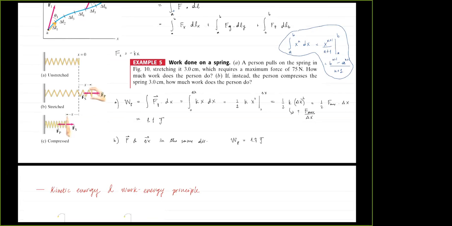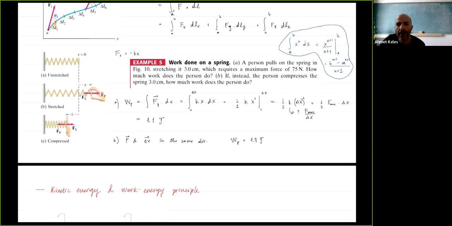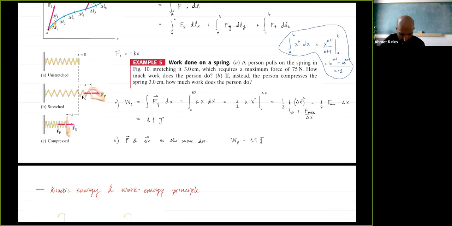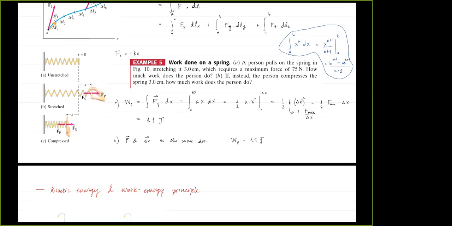In the face-to-face exam, do we have to write the integral for the A part because the lower limit of the integral is 0? Or can we just use 1/2 kx squared? Yes, I think you can.